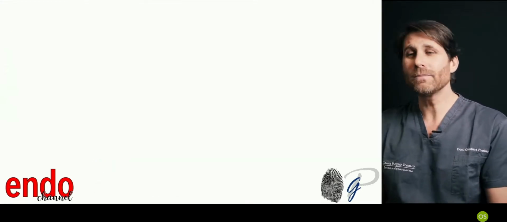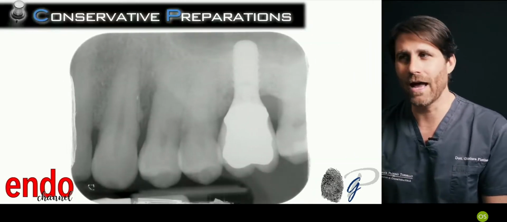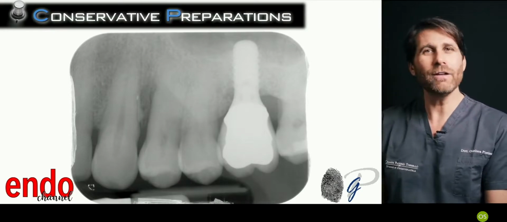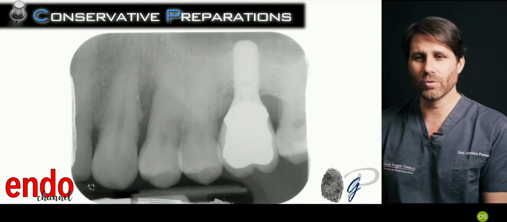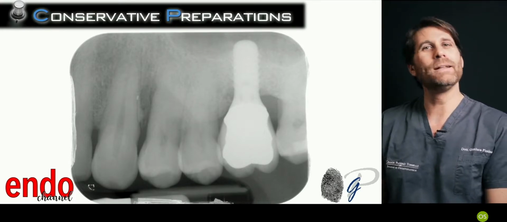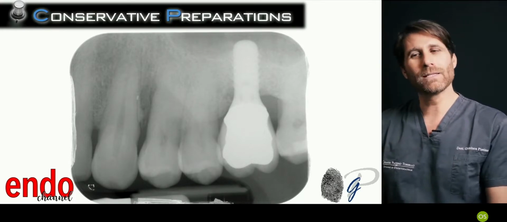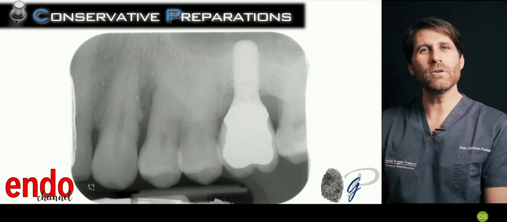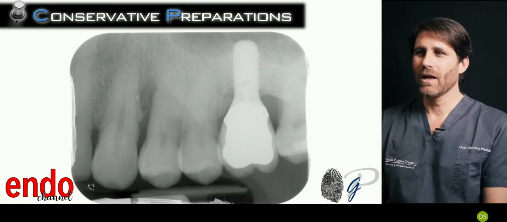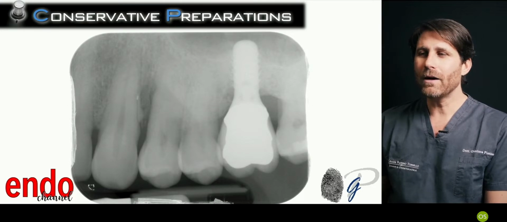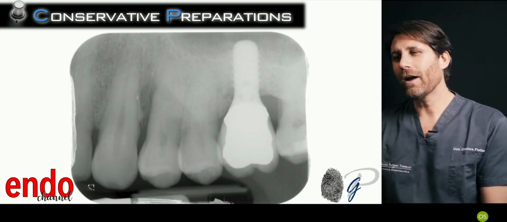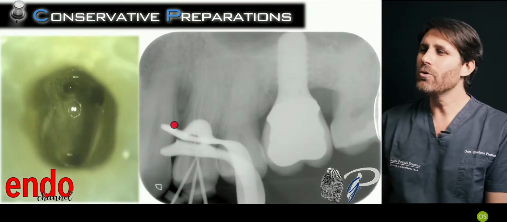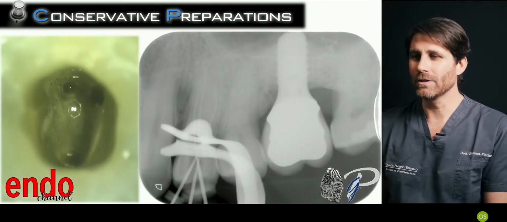So we need conservative access cavity preparations and conservative root canal preparation to preserve as much as possible of this tooth structure, when it is needed, when it is possible, obviously. We will see how to adapt our procedure to the needs of the operator. But as in this case, the first upper premolar, a premolar with 3 roots, 2 buccal roots and 1 palatal root.